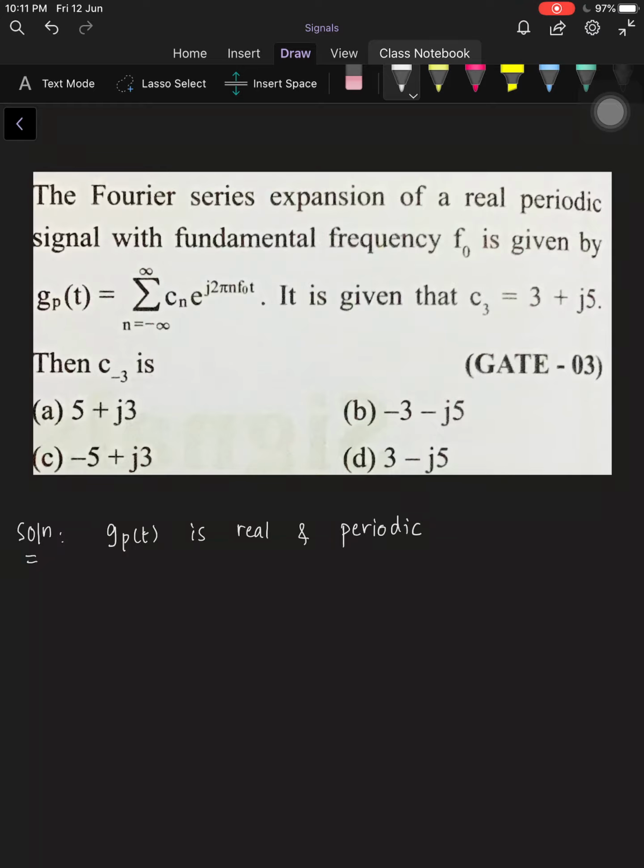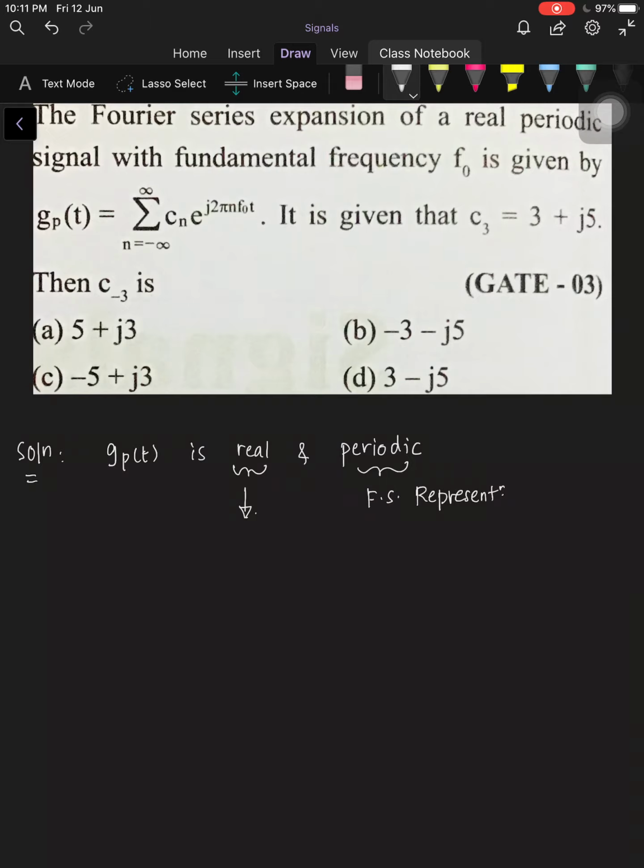Now this statement should tell us, because of the periodicity we have the Fourier series representation, and because the given signal is real, the complex conjugate of the signal is also the same. Any signal x of t can be represented as a combination of its real components and imaginary components.